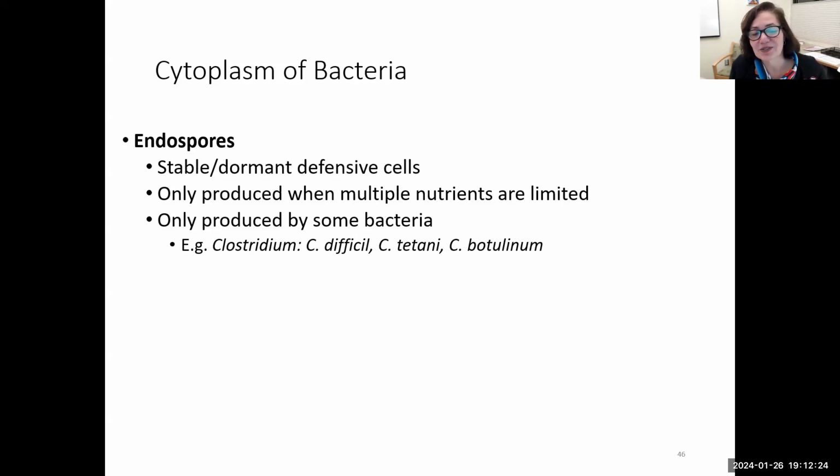So Clostridium difficile, you may have heard of it as C. diff, if you've ever heard about some of the bacterial infections that lead to severe diarrhea, especially in hospitalized patients. There's Clostridium tetani. This is the one that you have to get a tetanus injection to protect you from.